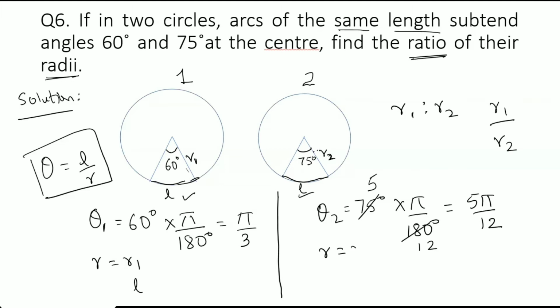R equals R2, and the arc length is L. So then if I use this formula here, R1 would be equal to L by theta 1, and R2 would be equal to L by theta 2, right?